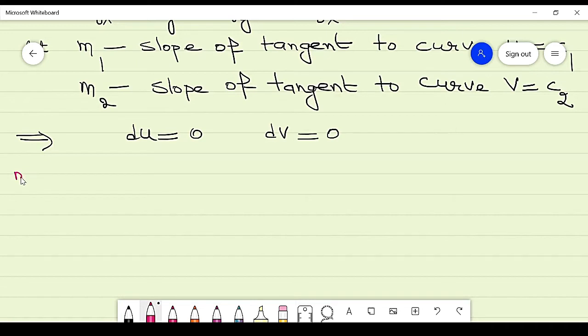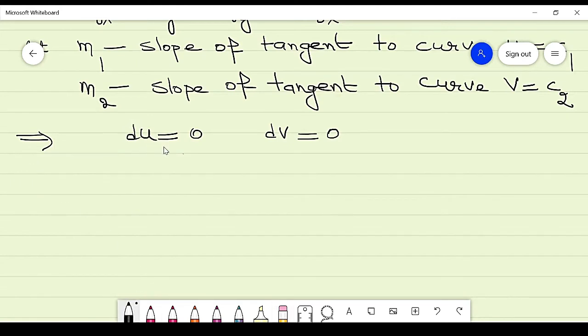Now m1 is the slope, dy by dx. First, simply simplify the result and don't go to the next step.